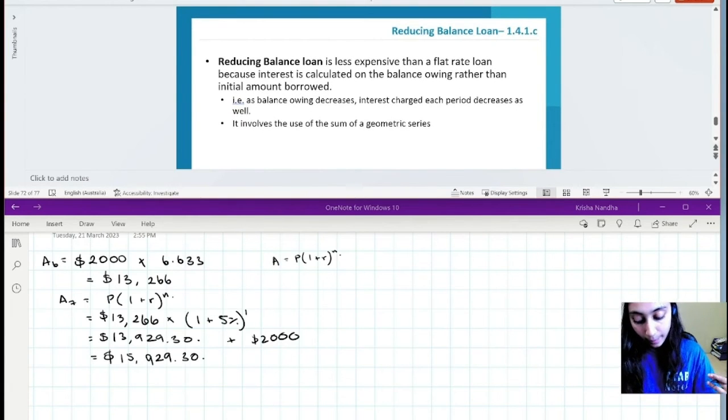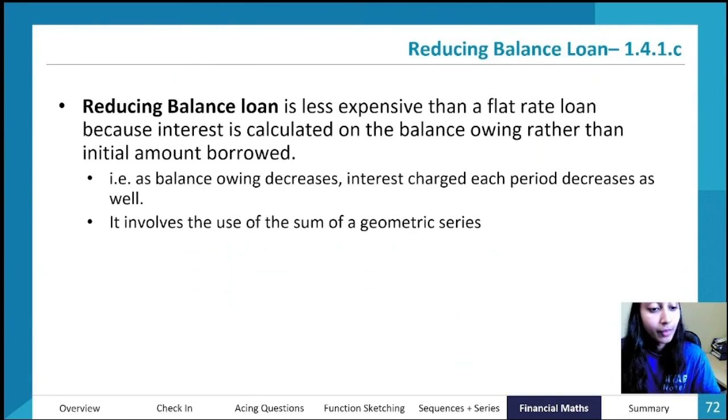Okay. A reducing balance loan. Let me get back to the big page. A reducing balance loan is a little bit less expensive than a flat rate loan. Basically, as the balance owing decreases when you're taking out a loan, the interest charged each period also decreases.